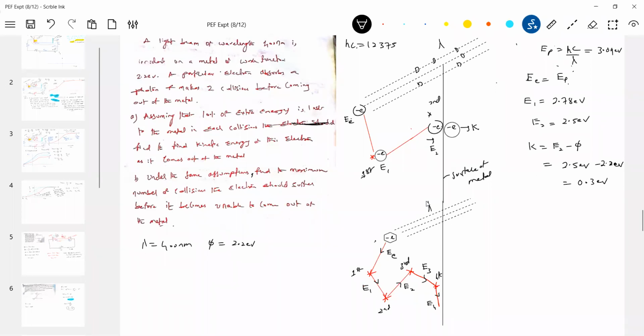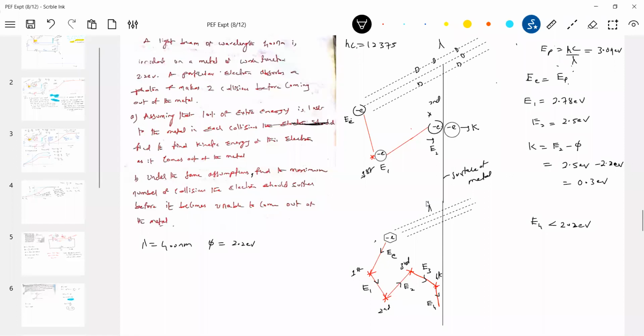I did the calculation; you are supposed to work it out here. You calculate E4, and E4 will be less than 2.2 electron volt. You can see E2 is 2.5. Take 10% off that and you get E3. Take 10% off that, and E4 will become less than 2.2 electron volt. So how many collisions occurred here?